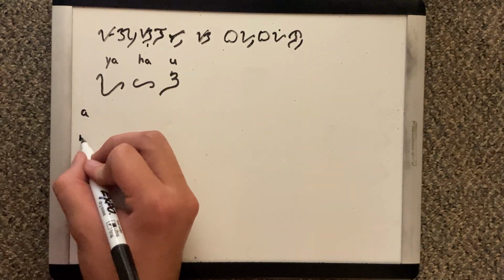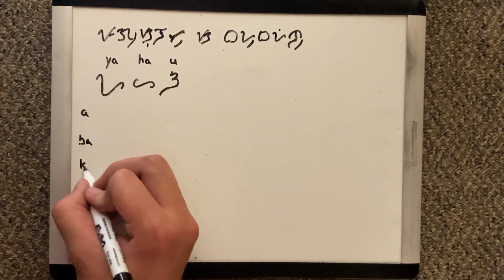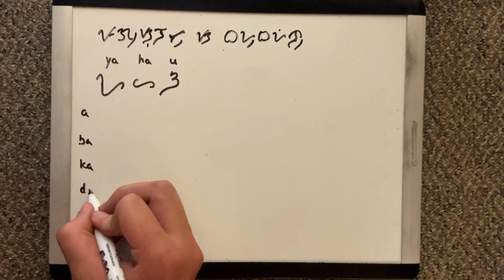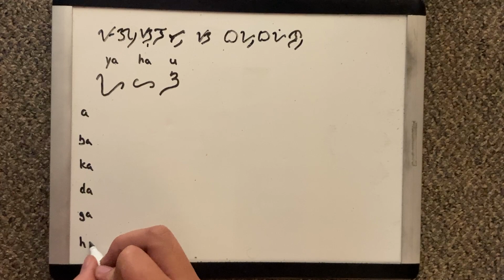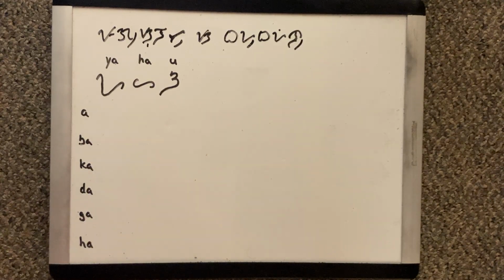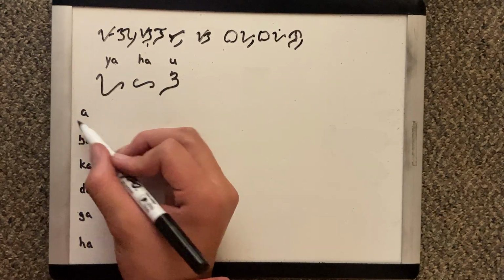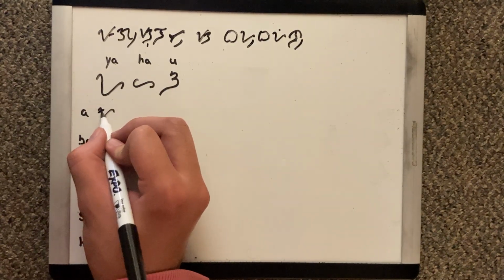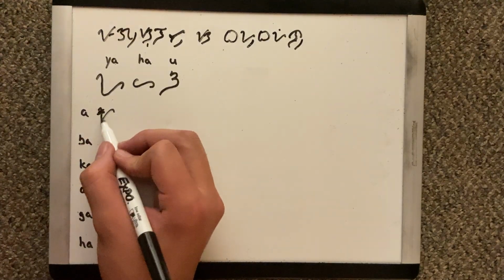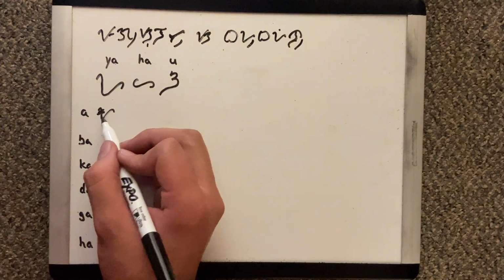Now to go through the character set, we'll go 6 characters at a time. A, ba, ka, da, ga, ha. The letter A is a ya stroke with 2 lines through the top part of the left side.